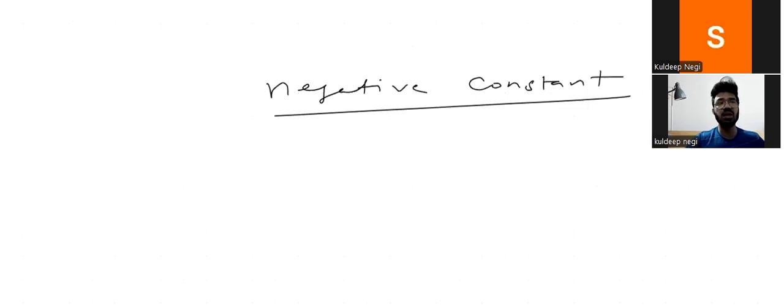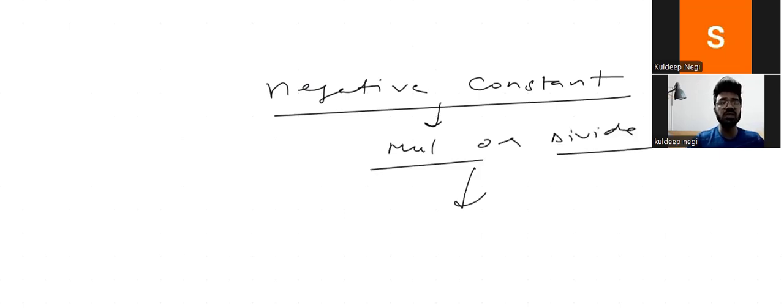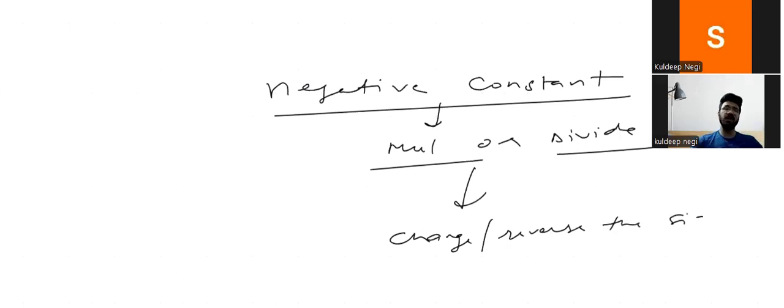If you are multiplying or dividing with a negative constant, then after multiplying or dividing you have to change, or reverse, the sign.